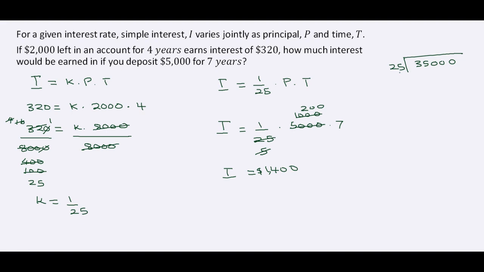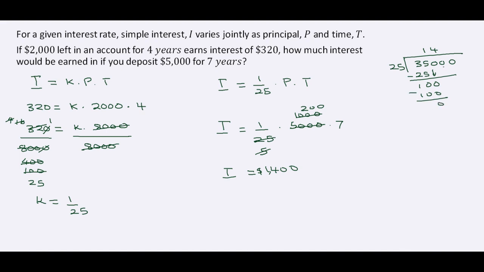So let's try it this way. How many groups of 25 do I have in 35? I have 1. 1 times 25 is 25. So you subtract. I have 10 here. You bring down this 0. 100 divided by 25. You have 4. 4 times 25, you have 100. So you have 0 here.